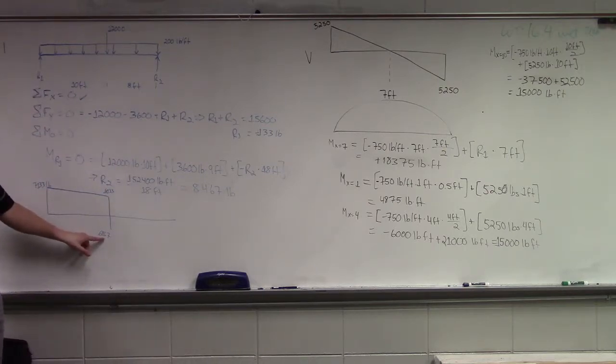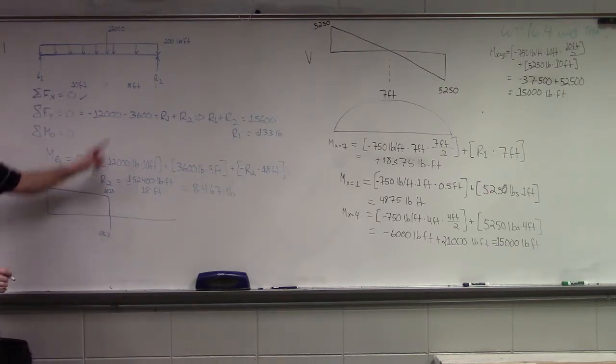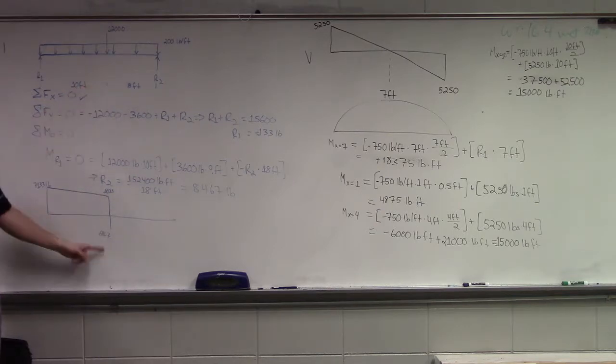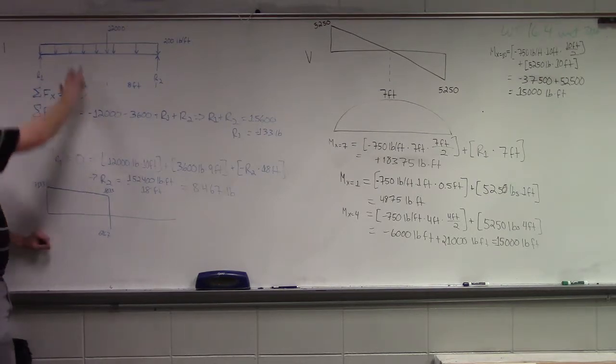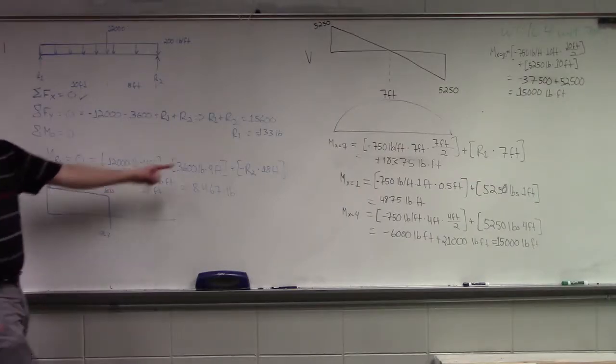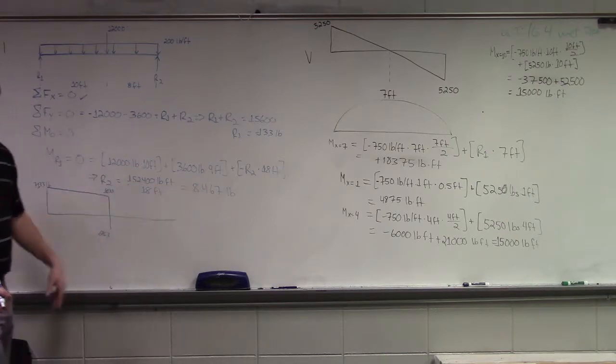And that should be a good indicator to us, right? We know that we're changing 200 pounds per foot, and we drop down, and we're at 67 in our tens and ones places. So we know that we aren't changing our tens and ones places when we're using our uniformly distributed load. So we should be able to get at least in the ballpark, right?